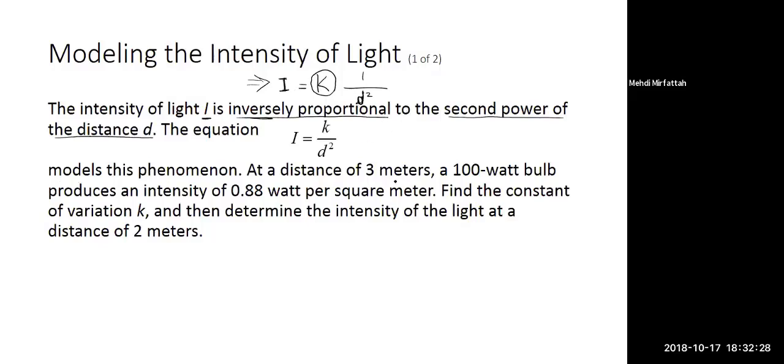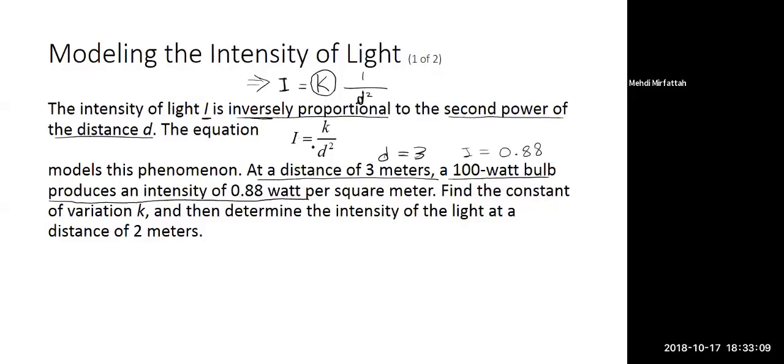If you read the question carefully, it gives you that information. It models this phenomenon at the distance 3 meters. So they're giving you when d is equal to 3, and then they're saying that a 100-watt bulb produced an intensity of 0.88. We don't care about the 100 watt bulb because the intensity is what we need, 0.88.